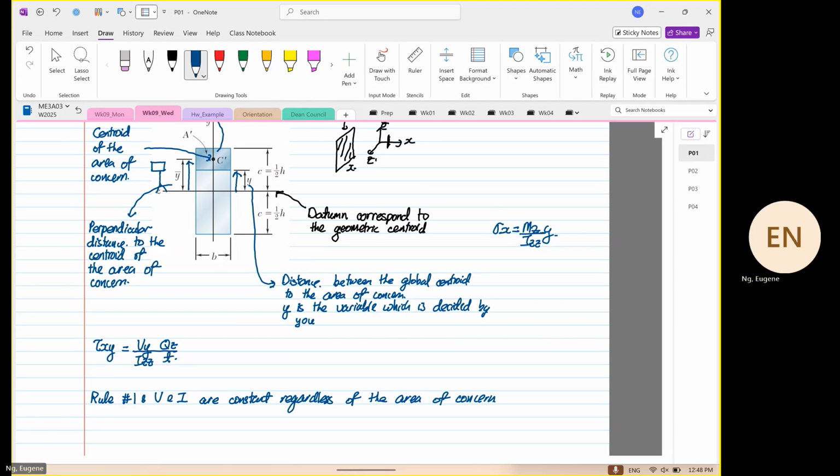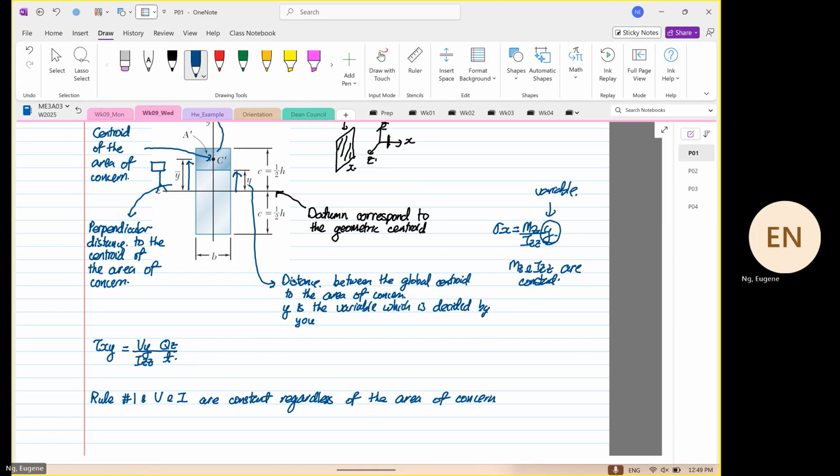Mz and Izz are constant. Y is your variable. Okay. So rule number 1 over here: V and I are constant regardless of the area of concern.